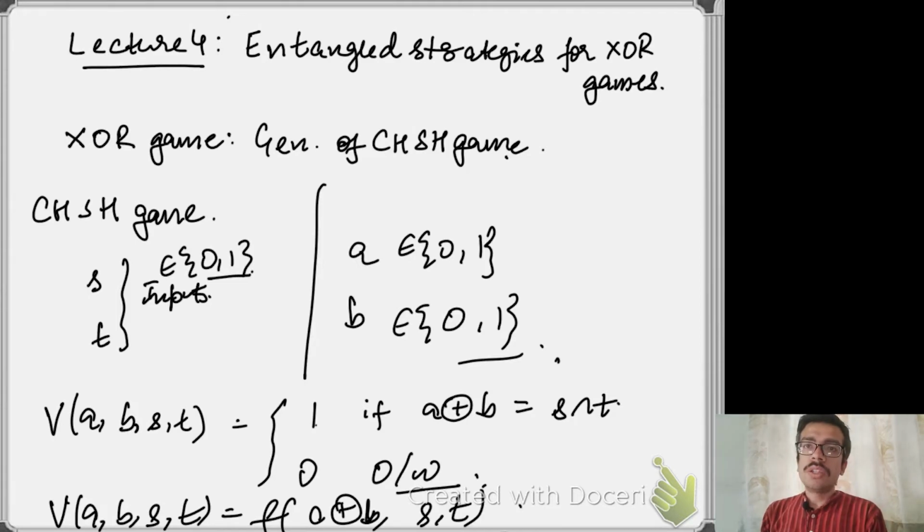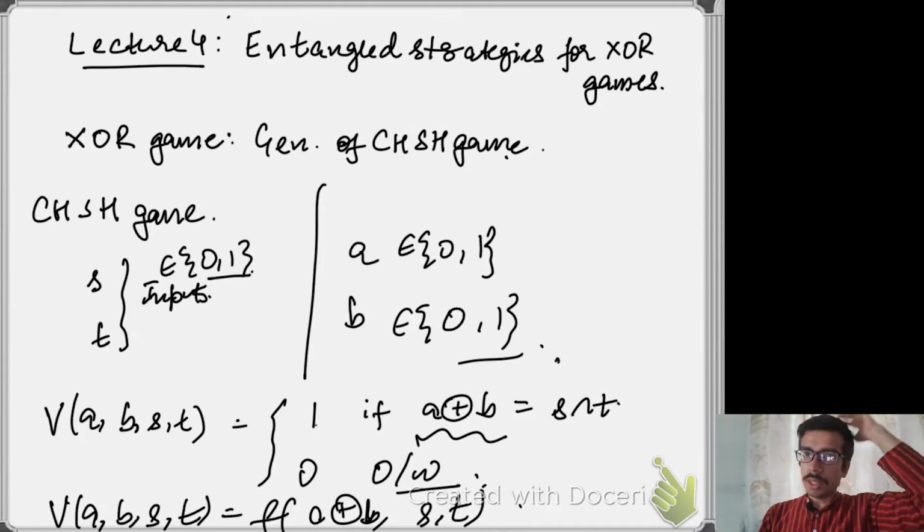So what A and B are independently does not matter. What ultimately matters is their XOR. So this is a generalization of something we call the XOR game.